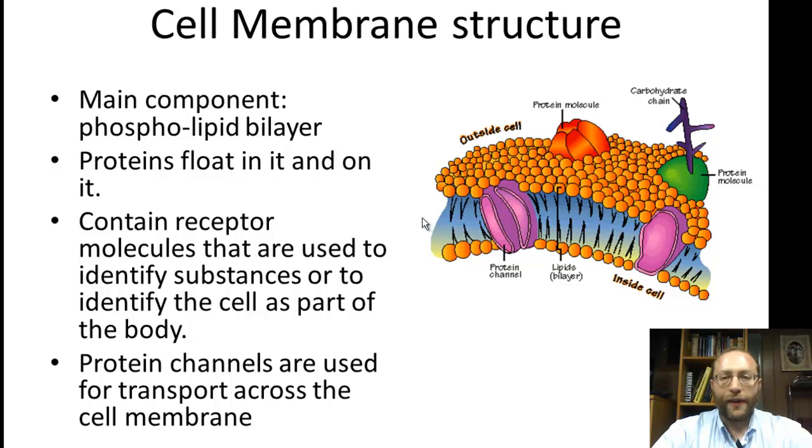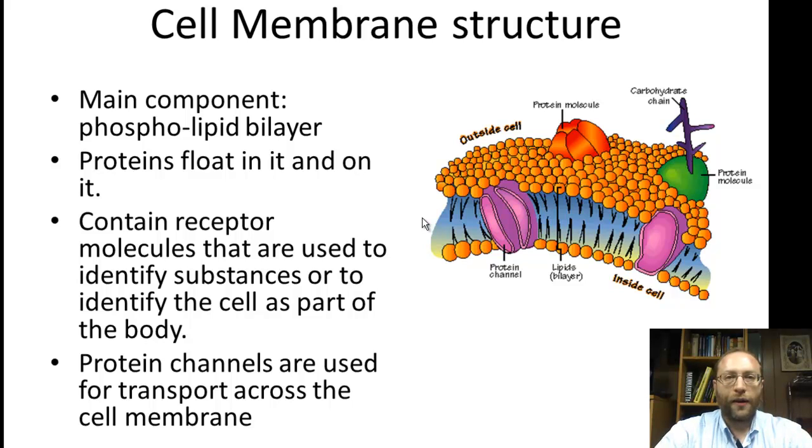Also in the cell membrane you'll find protein channels, which are proteins that allow substances to cross the cell membrane, either by facilitated diffusion or active transport. Before I move on, I want to point out that the way receptor molecules identify what goes in is purely by shape.